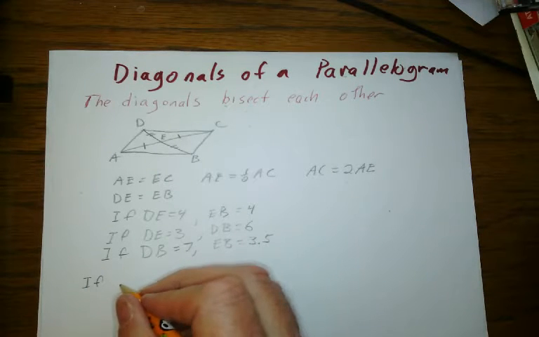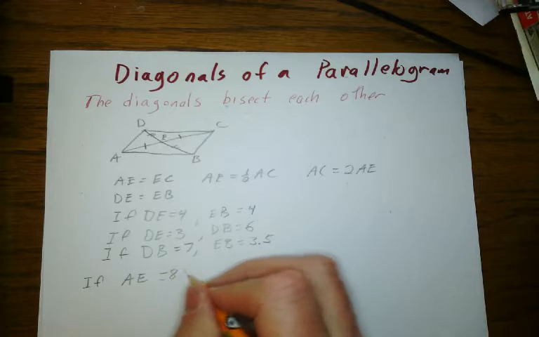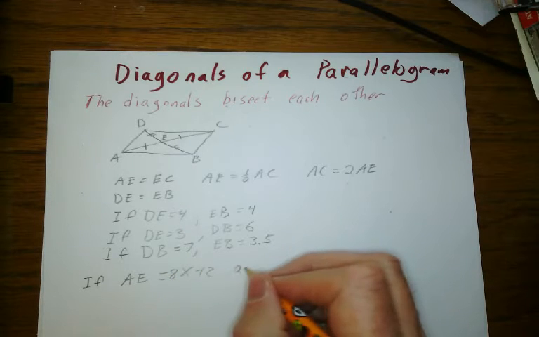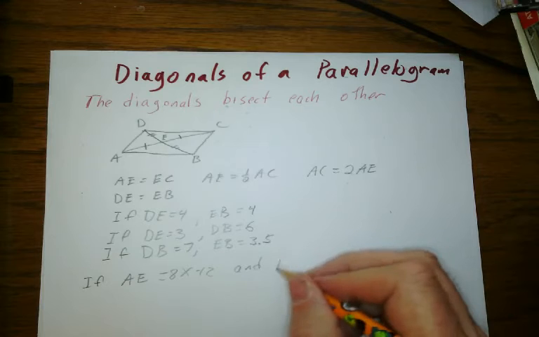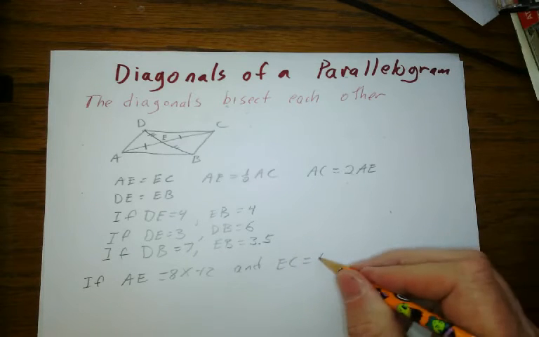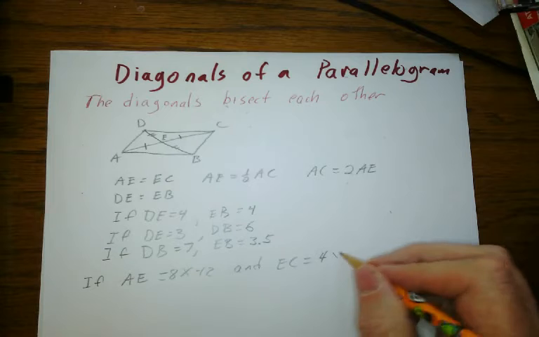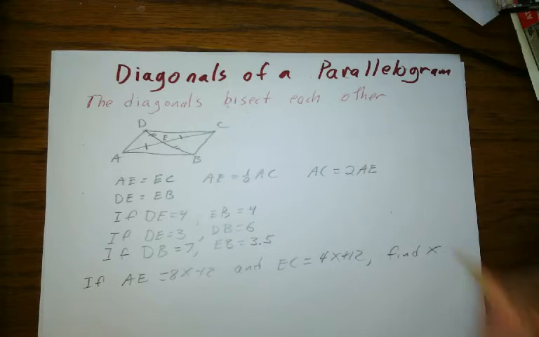If AE is equal to 8x minus 12 and EC is equal to 4x plus 12, find x.